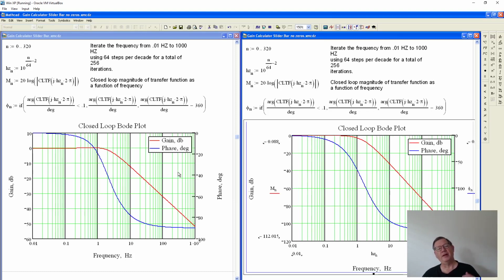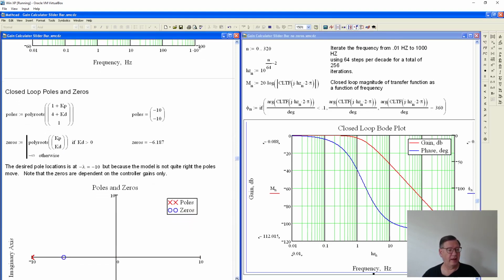So what is happening is that the 0 will add gain. It adds phase. You can see this is at minus 90, where this one's at minus 180. The 0 adds gain, adds phase, and also increases the bandwidth.